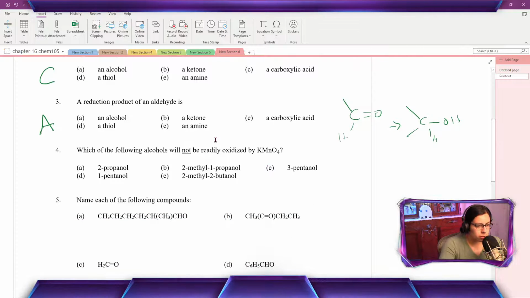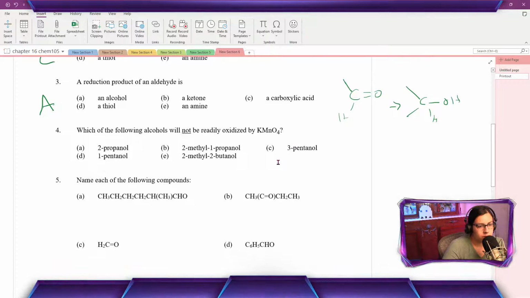So which of the following will not be readily oxidized by KMnO4? So this might take a while. Start drawing out some structures. So 2-propanol. So OH. So there's still a hydrogen there.